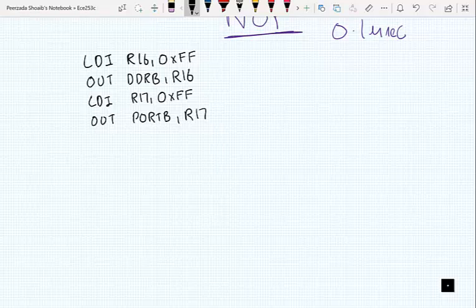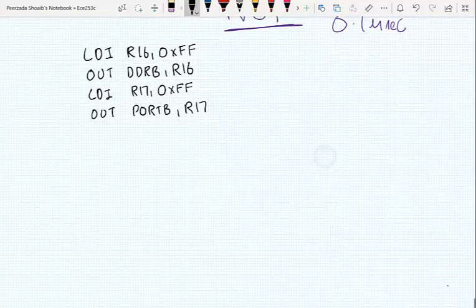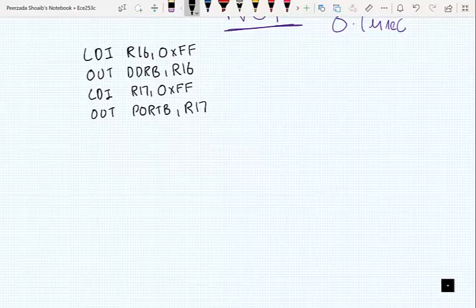When this instruction, out PORTB, R17, is executed, the LEDs will be turned on. After that we need to wait, so let me put some space here, and after that we again need to turn them off. So this time maybe I will use one more register.